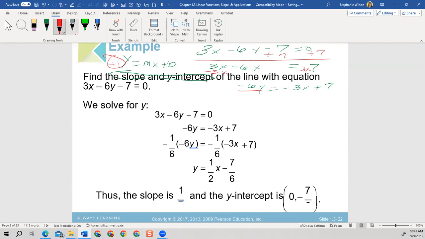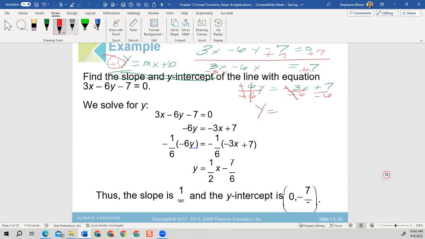As you notice, it's a +1. We just don't write it on the y value or the x value when you're solving for them. In this case here, we're solving for y. And division undoes multiplication. Negative divides negative gives me a positive. 6 goes into 6 one time, and that's where it's going to give me the +1 on the y. But what you do to one part, we must do to the other. So again, negative divides negative is positive.